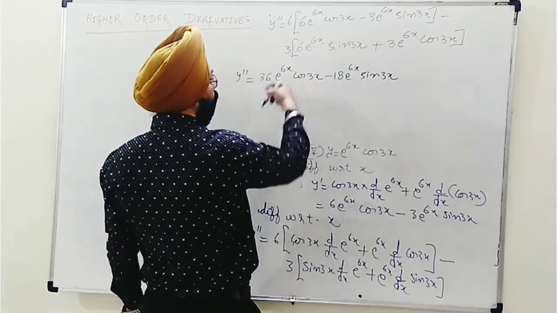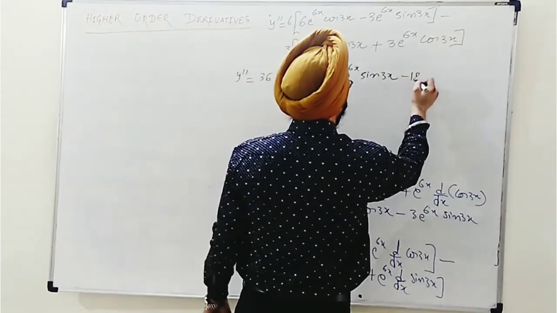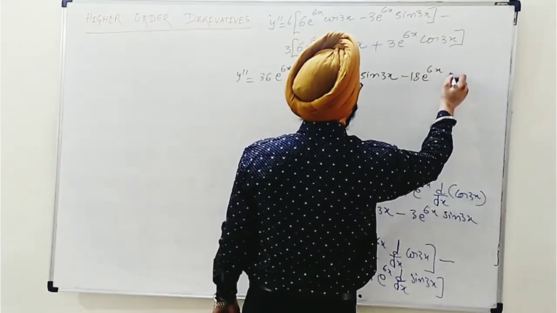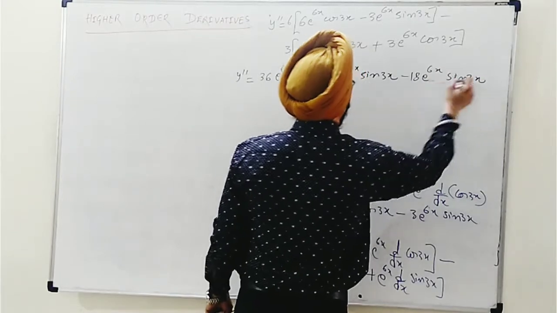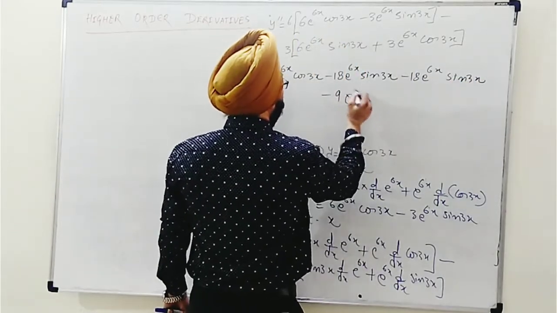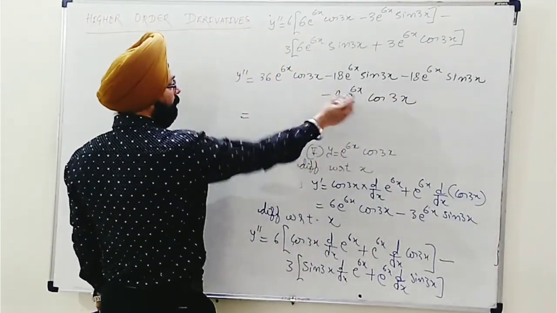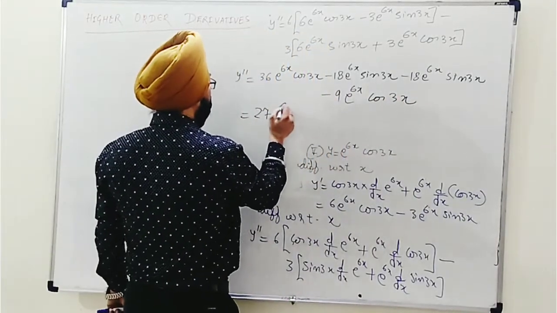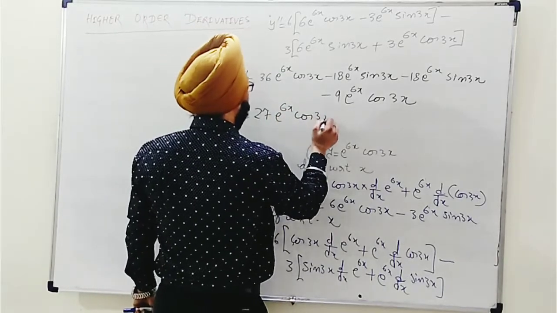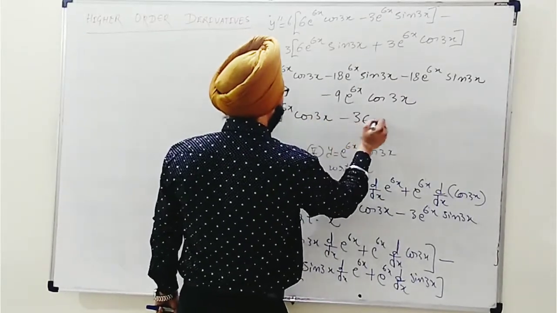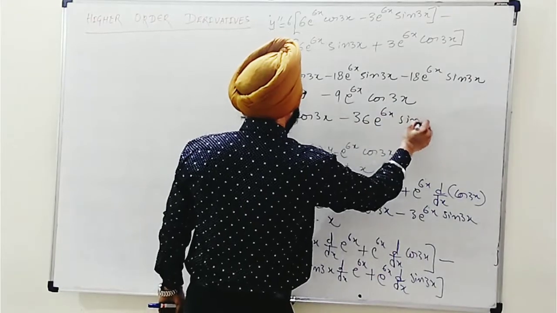With the minus sign when we open, this will become minus 18 e to the power 6x sin 3x, and minus 9 e to the power 6x cos 3x. When we simplify the like terms, we get 27 e to the power 6x cos 3x, and here minus 36 e to the power 6x sin 3x.